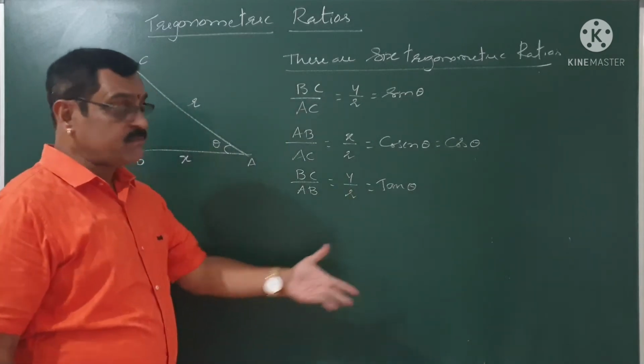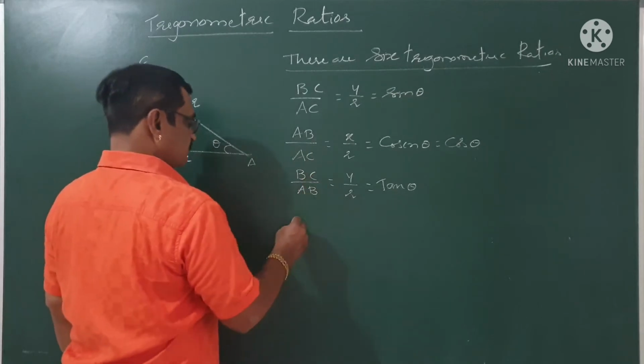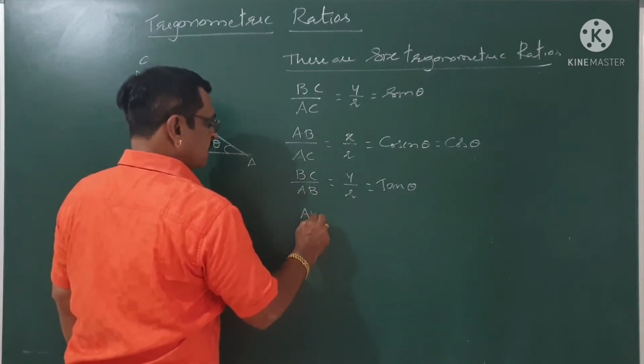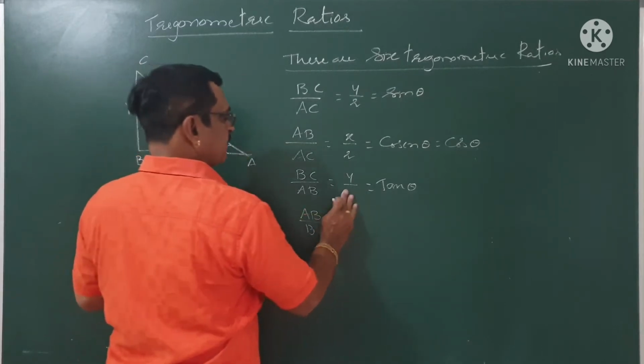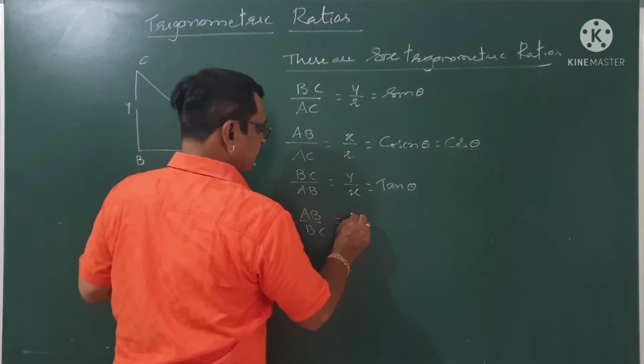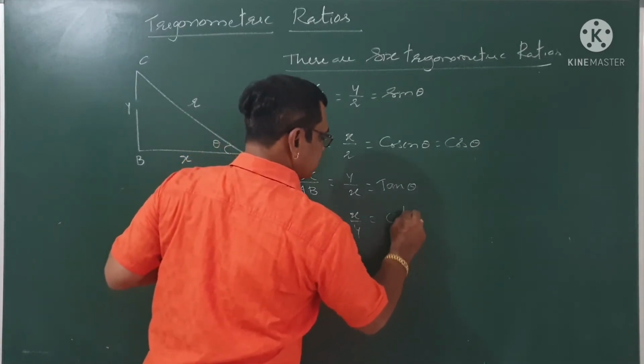And we have three more, which are just reciprocals of these. AB by BC, that means x by y, is equal to cotan theta.